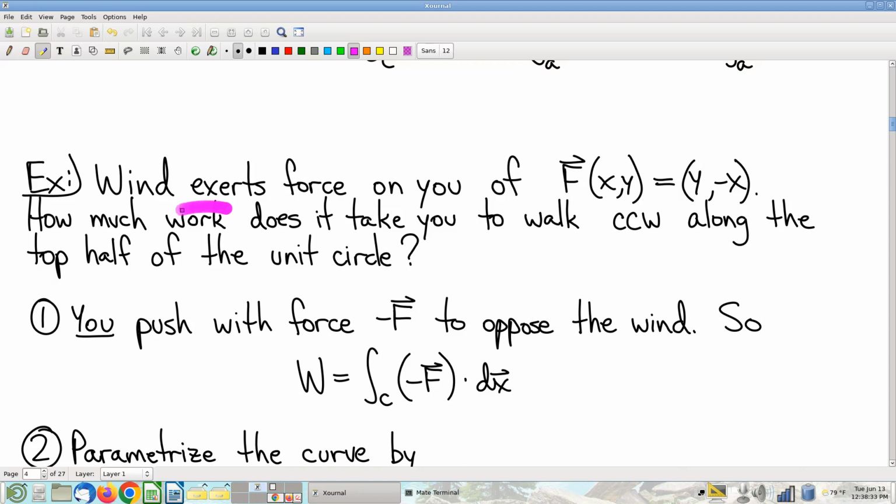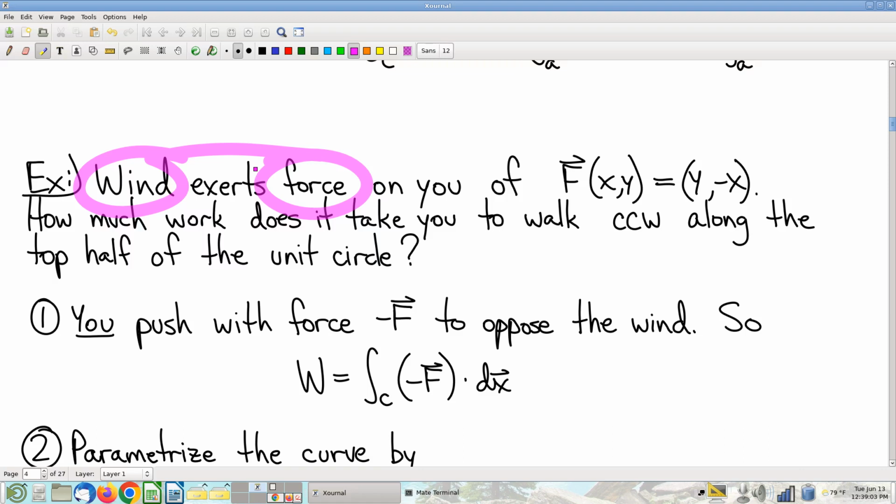So notice the question. It says, how much work does it take you to accomplish the task? But then the force that's given is the force exerted by the wind, not the force exerted by you. So if the wind is blowing you that way, applying a force like that, you are applying a force in the other direction to keep the wind from blowing you over.